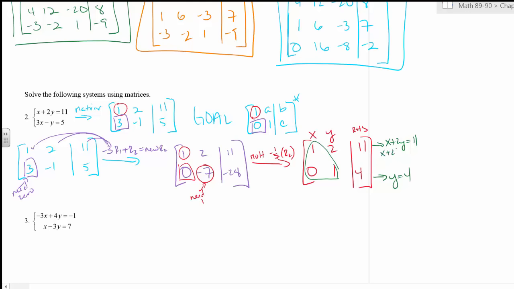So we know x plus 2 times 4 is 11, which is x plus 8 is 11. Subtract 8 from both sides, and you end up with x equals 3. So the solution to this system is going to be 3, 4.